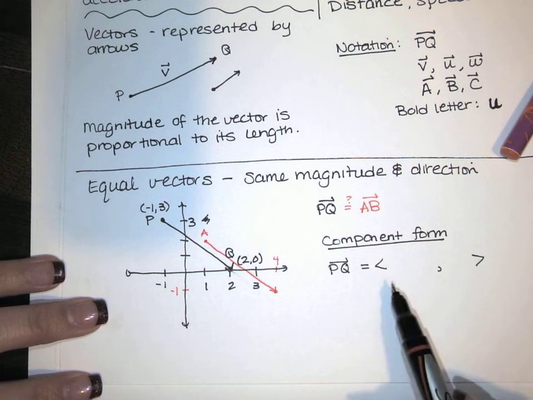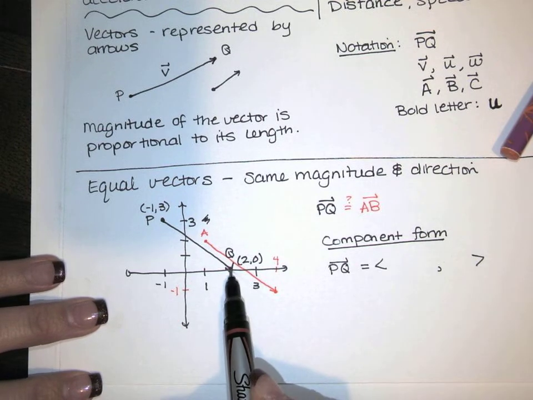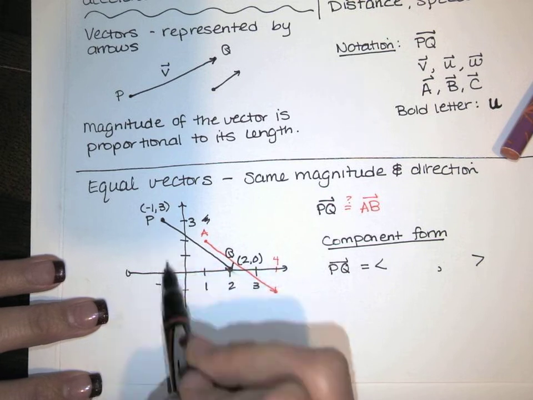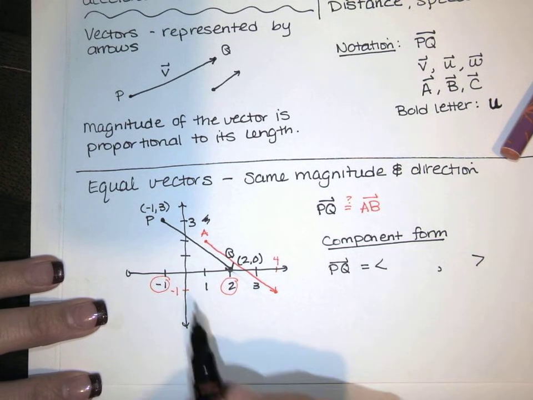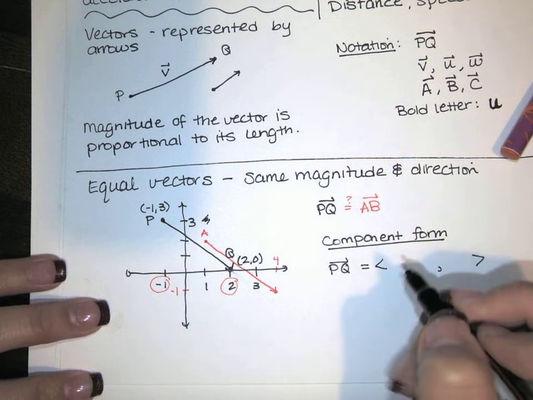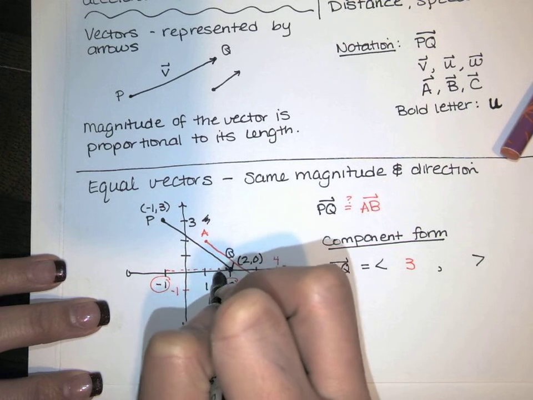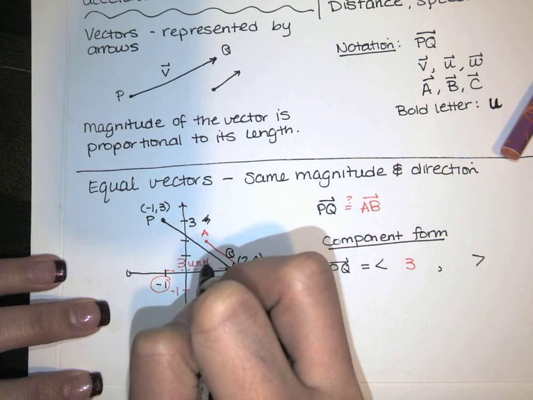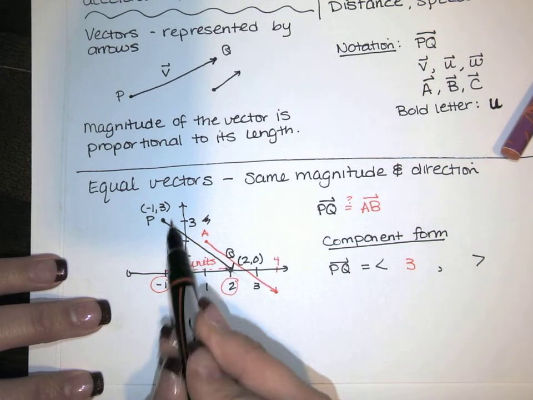So the question becomes, how many units do I move in the x direction to get from P to Q? Well, I'm at x equals -1, right? And I end up at x equals 2. So I went 1, 2, 3 units in the x direction. And how many units did I go in the y direction to get from P to Q?